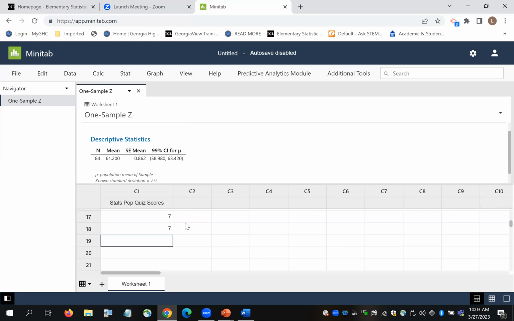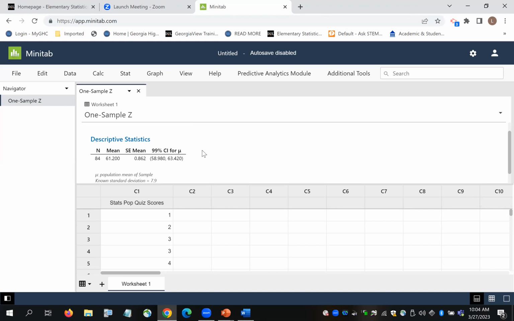There's 2 8s, 1 9, and a 10. I do end up on the 22nd row, so I know that I've got 22 values entered. I'm going to double check that I didn't get something wonky because my computer was acting up. Okay, I've double checked my numbers and I've entered the raw data.